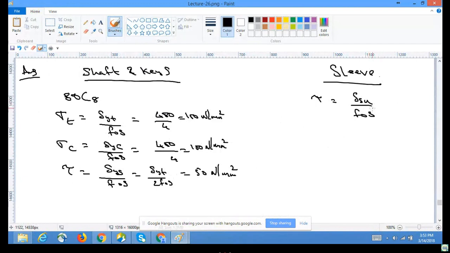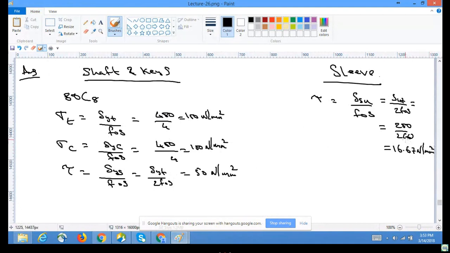Its ultimate tensile stress is 200, and SSU is given as SUT divided by 2 by factor of safety, so that implies it is 200 divided by 2 divided by 6, that gives you 16.67 Newton per mm square.